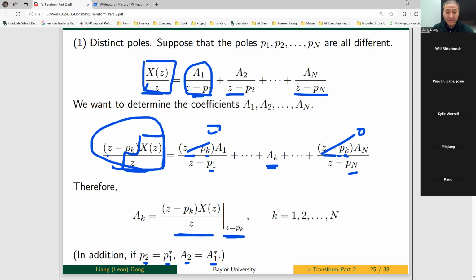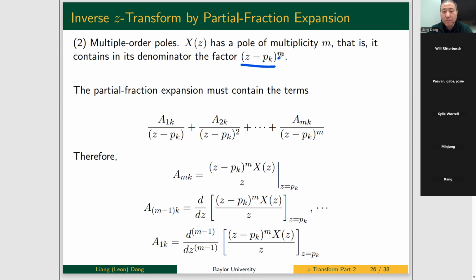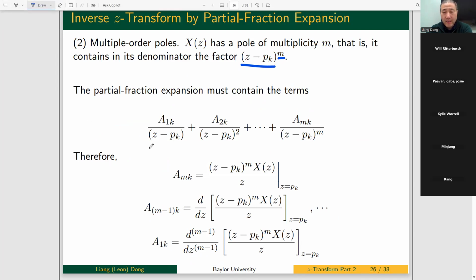All right, let's go. If I have multiple order poles, p sub k happens twice, 3 times, m times. If X(z) has a pole of multiplicity m, that is, its denominator contains the factor z subtract p sub k to the power m, then the partial fraction expansion must contain m different terms.